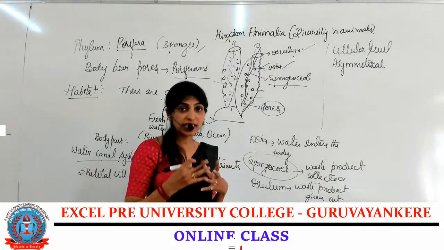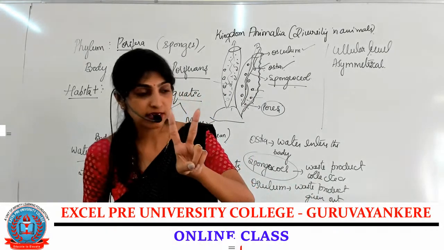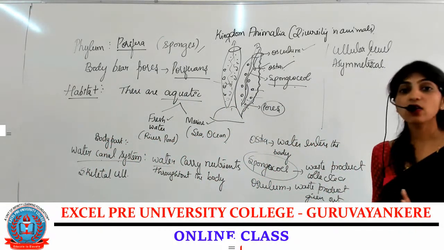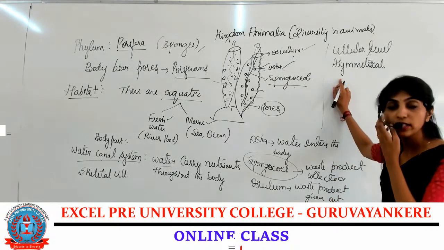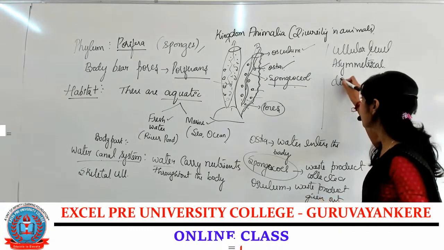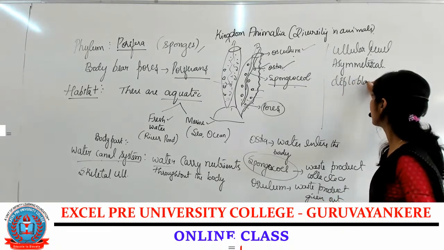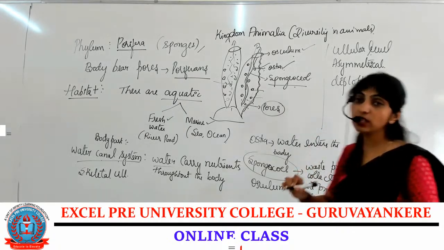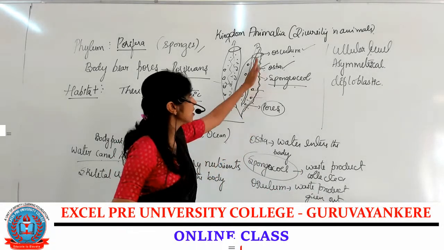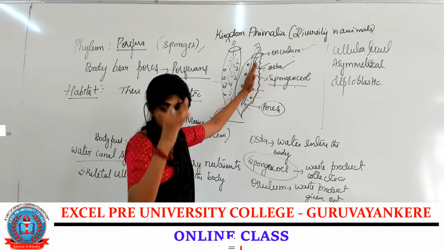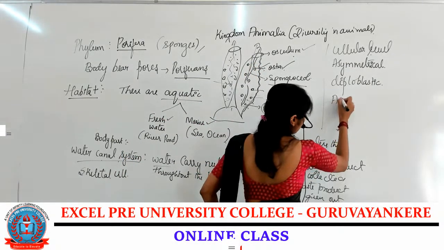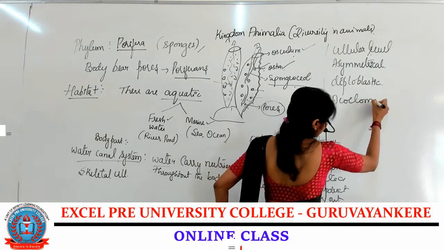And their body is differentiated into two layers. If the body layer is differentiated into two layers, what type of body do they have, diploblastic or triploblastic? Diploblastic. They are diploblastic animals. And since they do not have a body cavity in the body wall where the internal organs develop, they are called acoelomates.